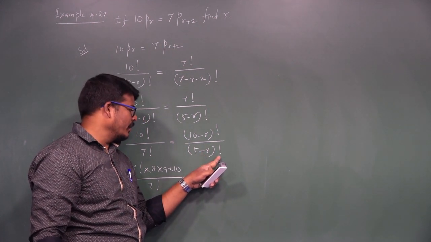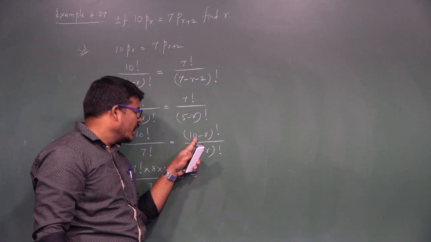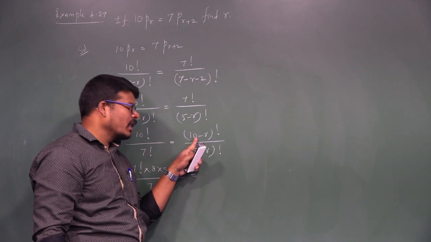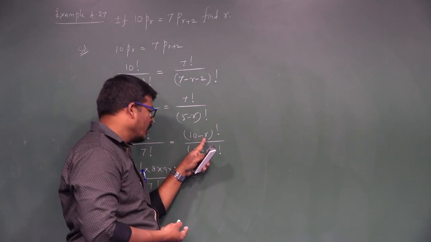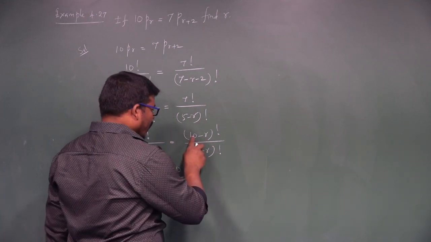Now the numerator, subtract minus 1: (10 minus r) factorial.